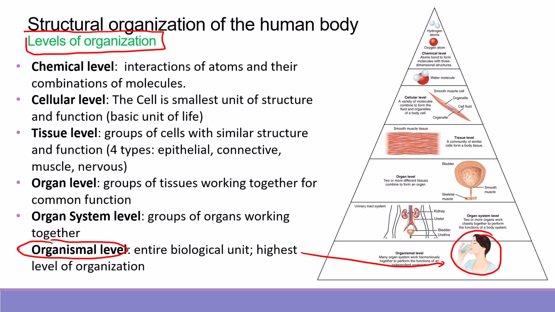Then smaller than an organism is the organ system, a group of organs that work together to accomplish specific functions. If we look at this picture, we take as an example the urinary system, which is composed of the kidneys, ureters, bladder, and urethra. So the level of organization here is the organ system level.